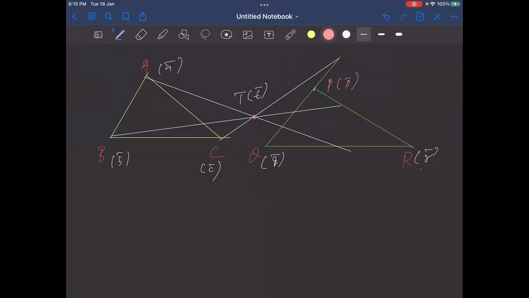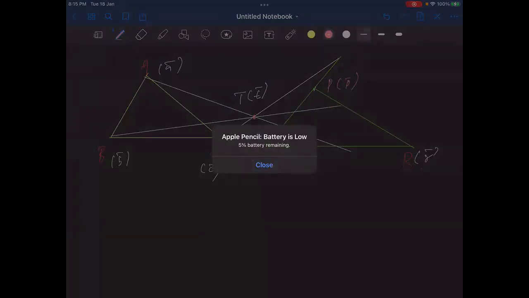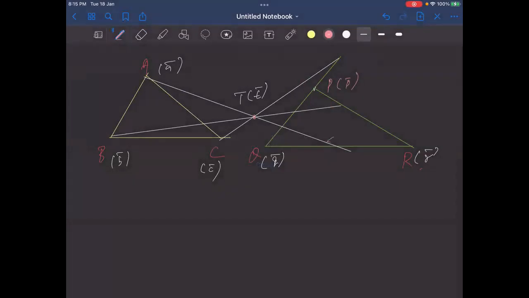Now, assuming that these two vectors are perpendicular, what do we get? T minus P dot Q minus R is equal to 0, right?